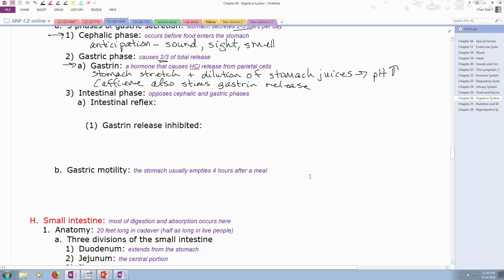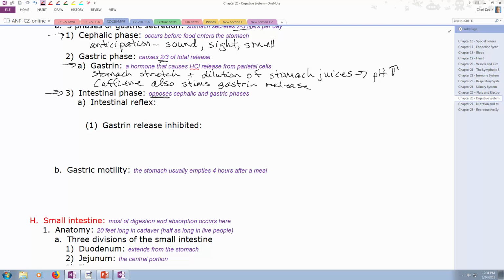So this is interesting. The intestinal phase is the opposite of the cephalic and gastric phases, because what is going to happen here is that we're now allowing food, the acidic chyme, to get into the small intestine. Well, the stomach is covered all over with goblet cells, and if we want absorption of the nutrient materials of our foodstuffs, goblet cells aren't going to do that for us, correct?